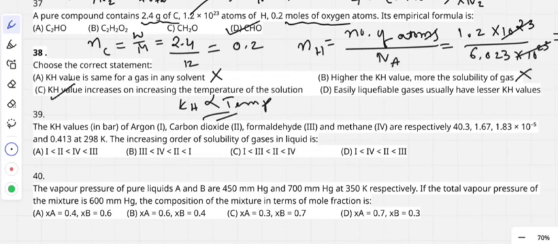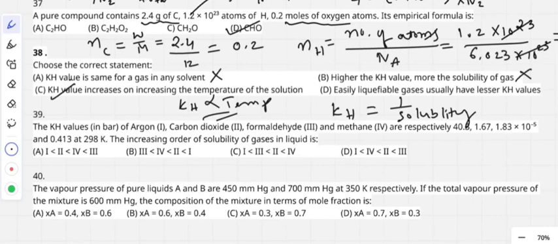Actually we know that KH is directly proportional to temperature and KH is inversely proportional to solubility. It means as solubility increases, KH value decreases. So for the increasing order of solubility, we have to arrange the KH value from higher to lower.